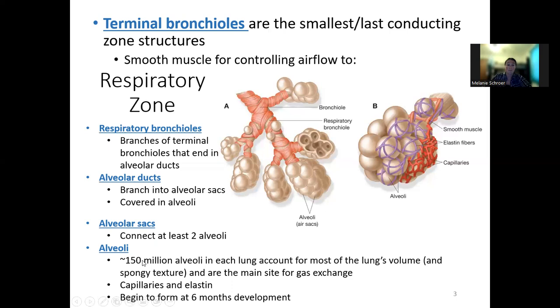Ultimately, we develop about 150 million of these tiny little spheres in each lung, essentially filling the entire volume of the organ with them.